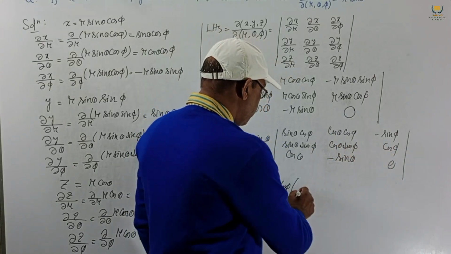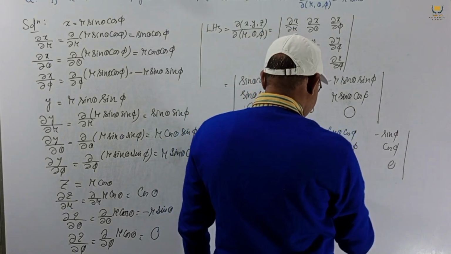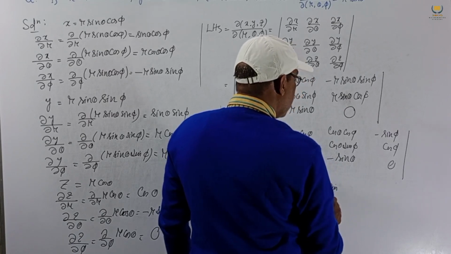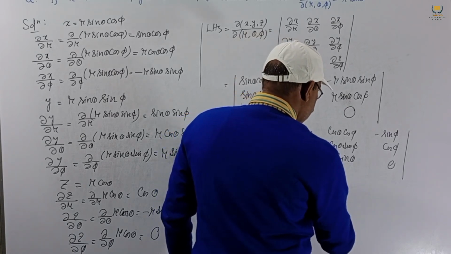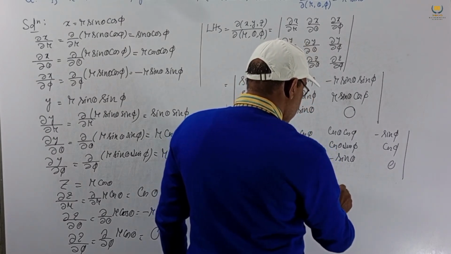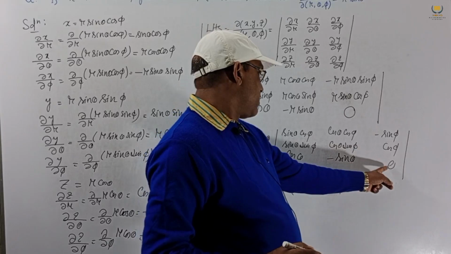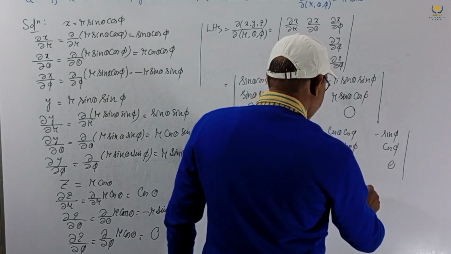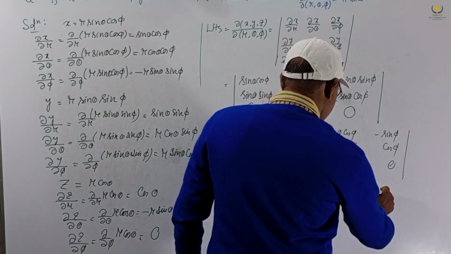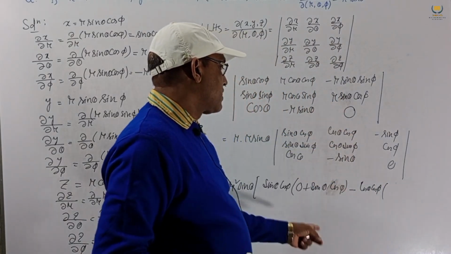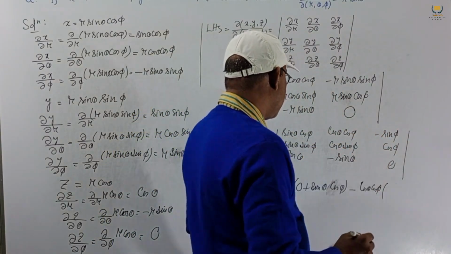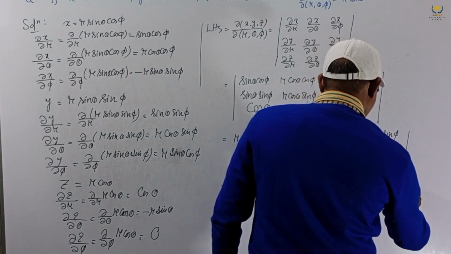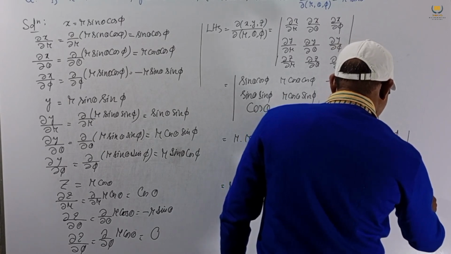This into this is 0, and minus minus gives plus sin theta cos phi, so we get sin theta cos phi squared term. The middle one, cos theta cos phi: this cancels, this into this is 0, we get minus cos theta cos phi.